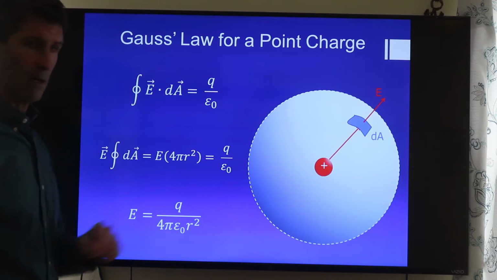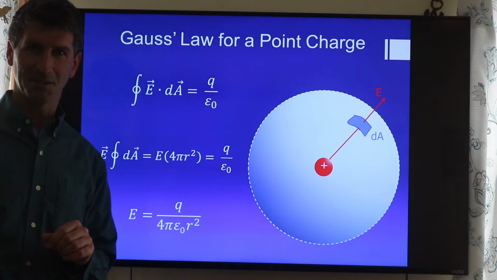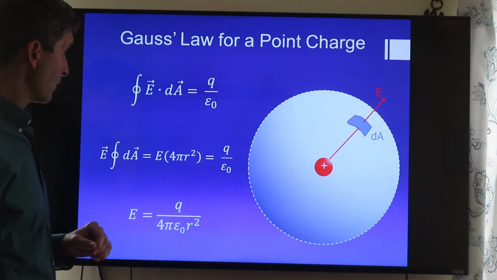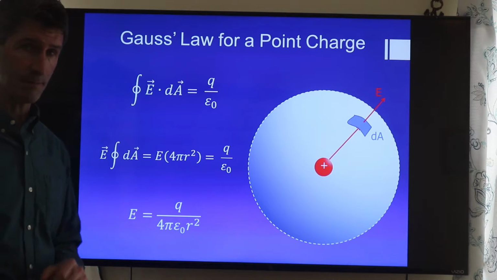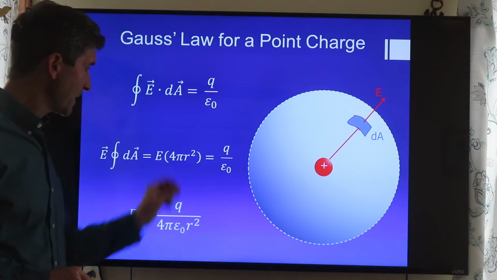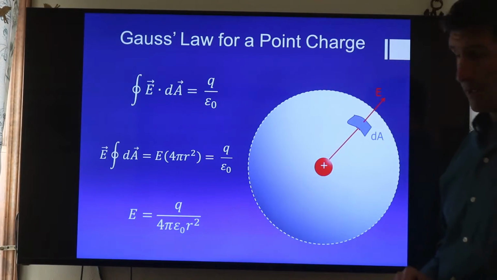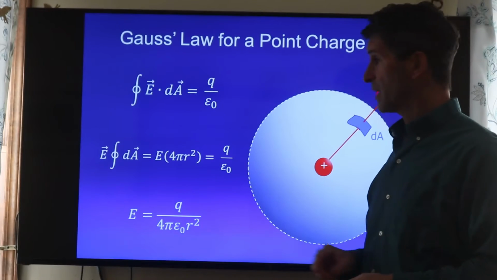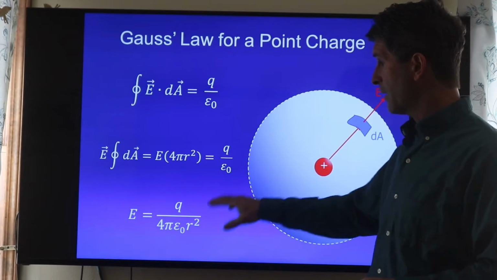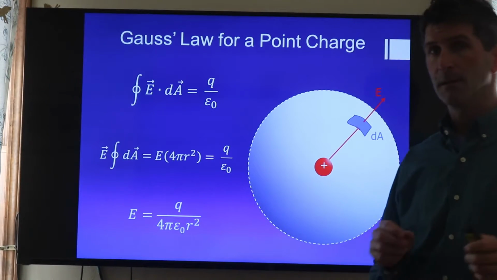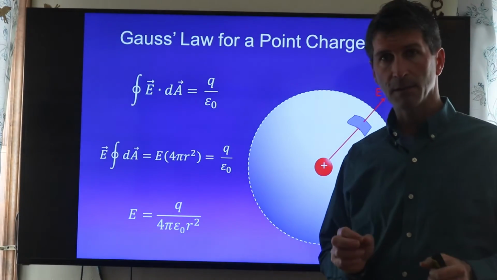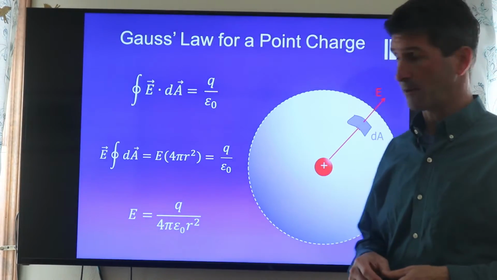So this very complex looking form right here for a point charge simply reduces to this. Now, let's take this 4 pi r squared and move it over to this side of the equation. So we divide both sides by 4 pi r squared, and now our equation looks like this. This is identical to Coulomb's law for an electric field.